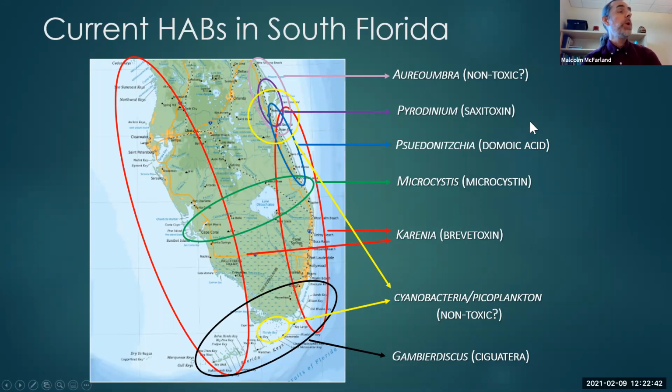Also up there, we have annual blooms. They occur almost every summer of an organism called Pyrodinium bahamense. And this is a dinoflagellate. It produces a toxin called saxitoxin, which is a neurological toxin that actually causes what's called paralytic shellfish poisoning.